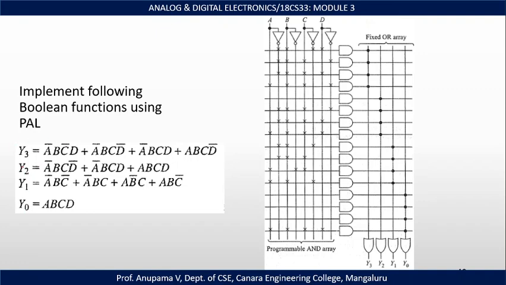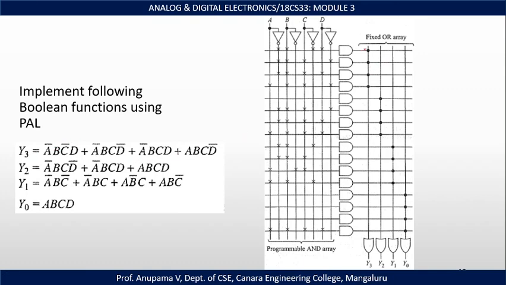There are 4 outputs and 4 input variables, so we have to draw a 4 variable programmable AND array and 4 output OR gates. But what is the number of fixed AND gates to the OR gate? Y3 has the maximum terms, and the number of terms in Y3 is 4.